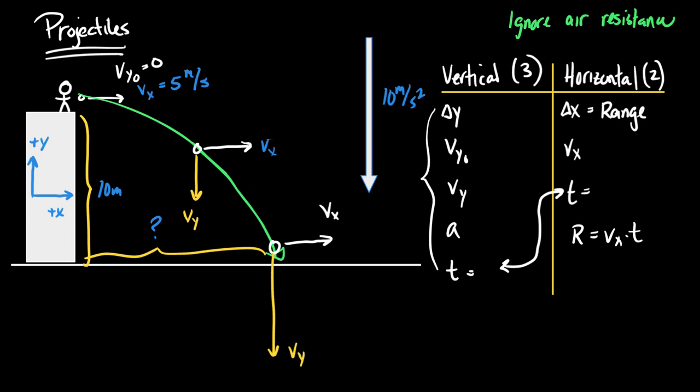So let's consider this problem specifically. The object fell a distance of 10 meters. Delta y, 10 meters. The object's experiencing the acceleration due to gravity, 10 meters per second squared. The object was thrown at 5 meters per second. Well, there are 3 different places to put a velocity.